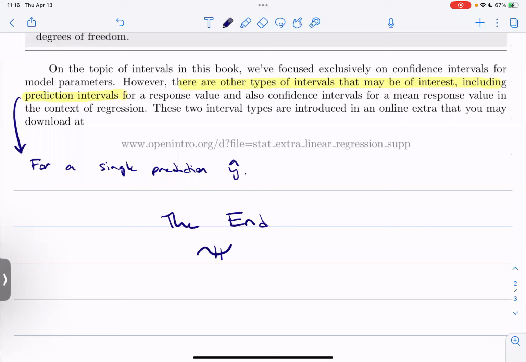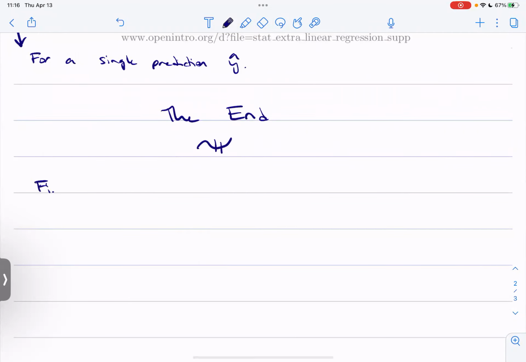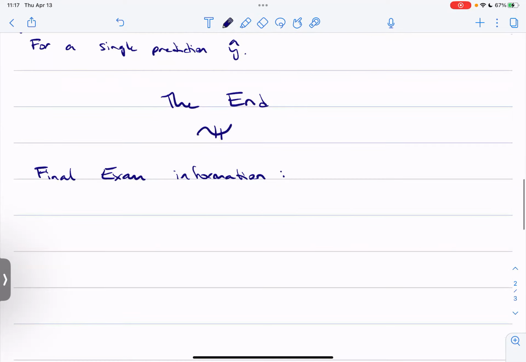Now for the final exam information. That was all I wanted to say. Okay, there are a couple of things that are of varying importance. It's a common final exam. There's that 230 sections.